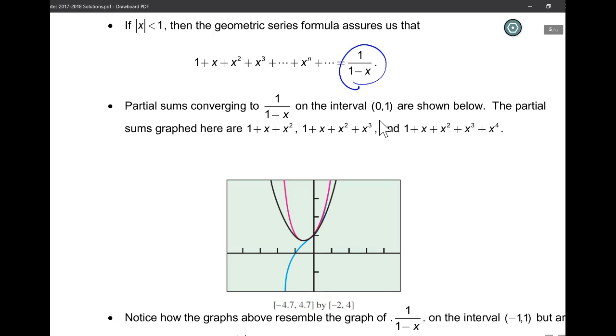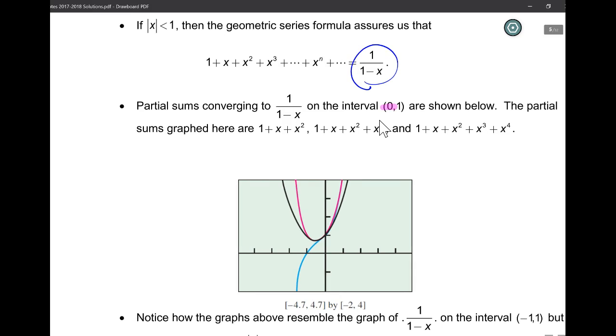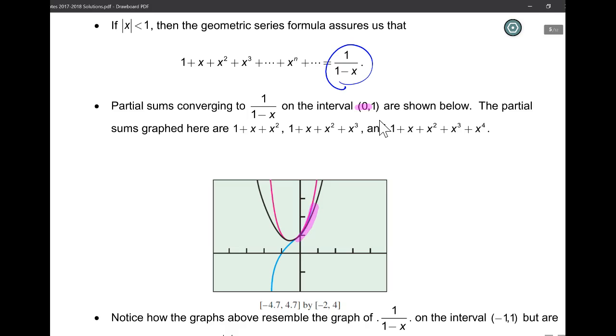So we can actually look at, here they graphed 1 plus x squared, 1 plus x squared plus x cubed, 1 plus x squared plus x cubed plus x to the fourth. And when we're looking at the interval from 0 to 1, we're saying from that interval from 0 to 1, the values are converging.